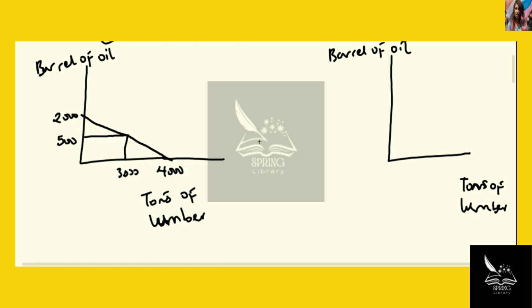So this is what the production possibility frontier for Canada should look like, and for Venezuela it should be 6,000 and then 3,000, and then this point basically meets that point. So this is the difference, and this point on the graph for Canada basically shows the point where the people of country C could get 3,000 tons of lumber.